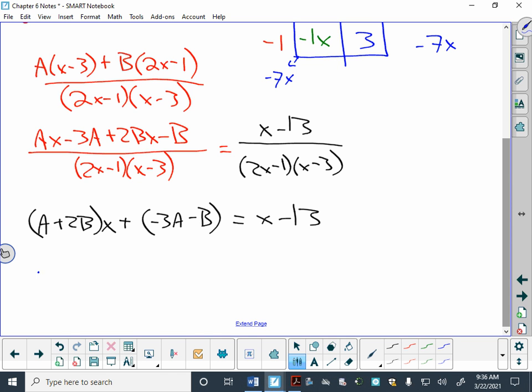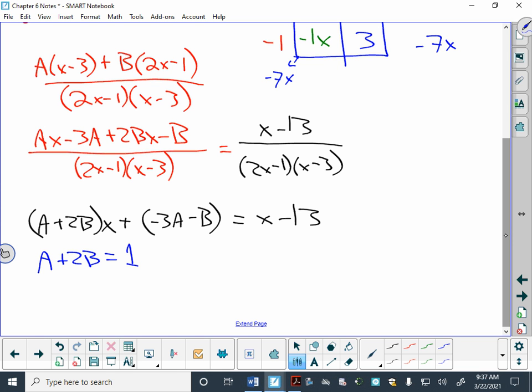Would you believe me if I told you that a plus 2b has to equal 1? Okay, you see that? Because the a plus 2b over here is the coefficient of the x. Coefficient of the x on this side is a 1.